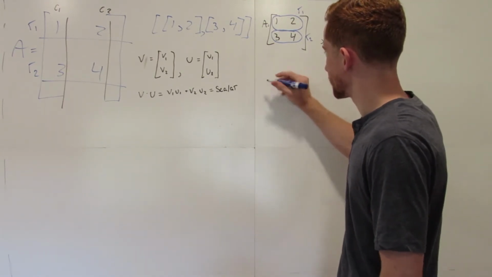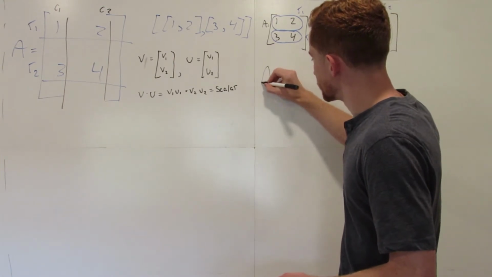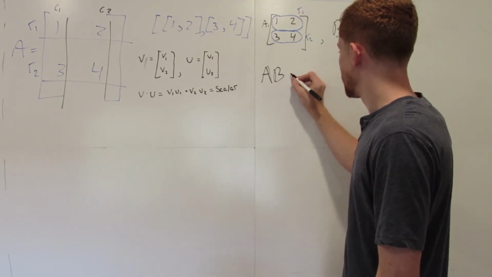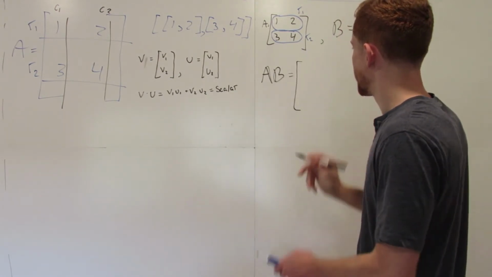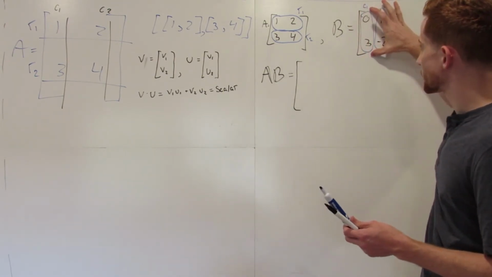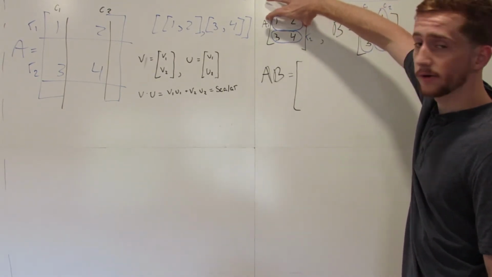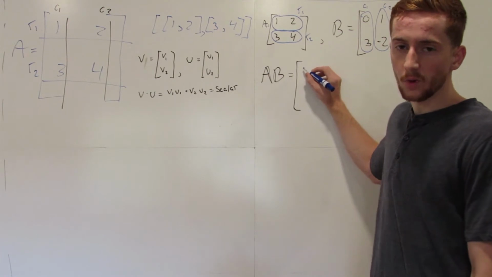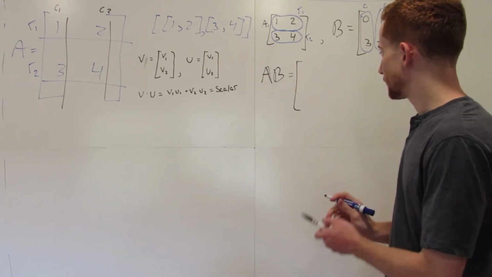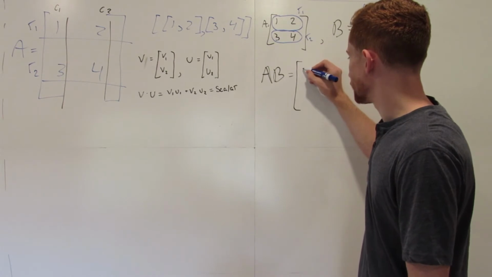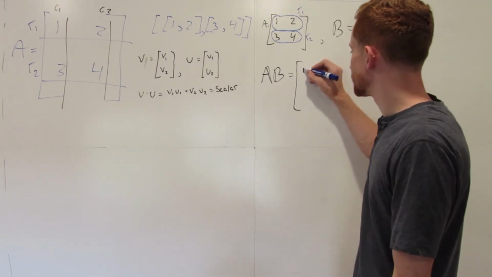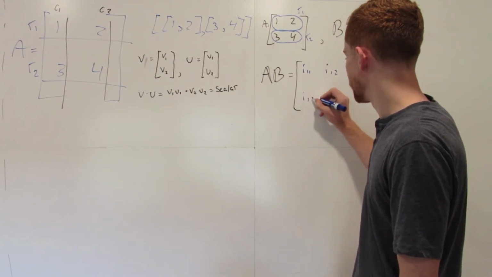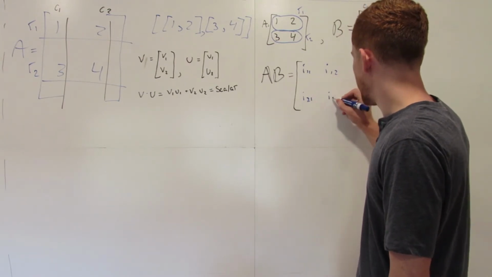So the way you represent it would just be AB, and this is going to equal, so we're going to take the first row of A and the first column of B, and do the dot product between them, and put that in position 1,1 in the matrix AB. So like in this matrix we have, I guess we'll just use I to denote a random element. So I11, I12, I21, I22.